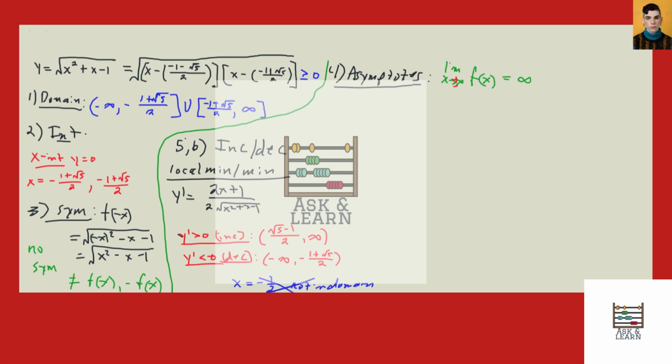Because of that, we actually won't have any maxes or mins at all. That was probably something we should have checked in that first step, to see if this was in our domain or not. All right, and the last thing they tell us to do is to look for concavity and any inflection points we may have. That means we want to find what y double prime is equal to.